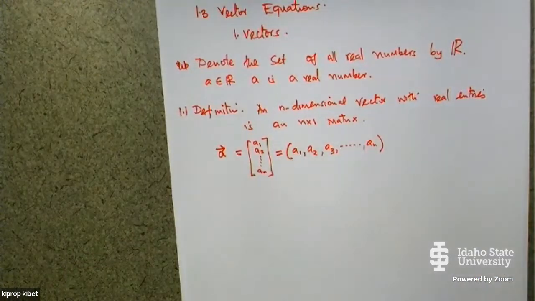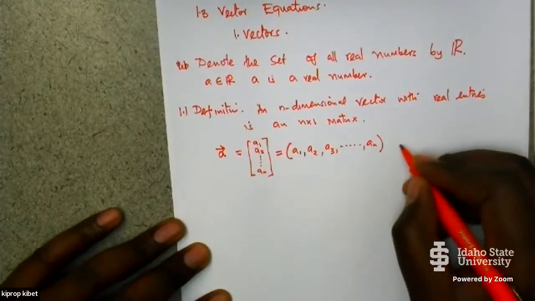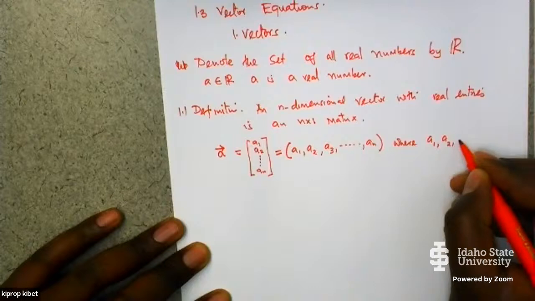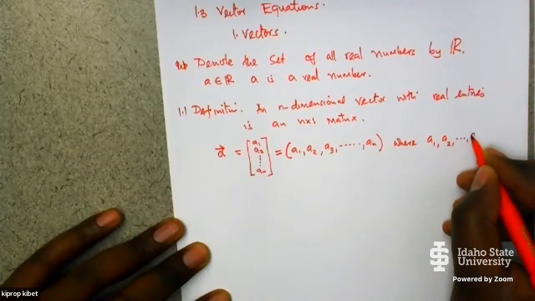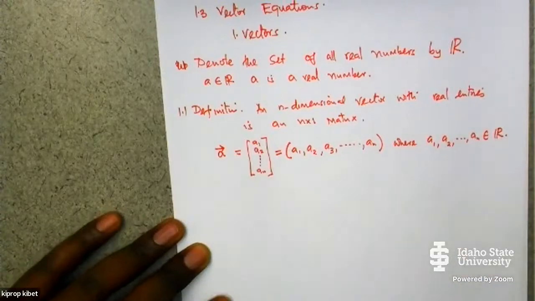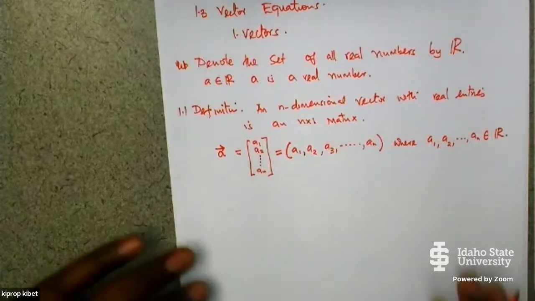So we can use the parentheses (A1, A2, A3, ..., AN), where A1, A2, all the way to AN are elements of the real numbers.